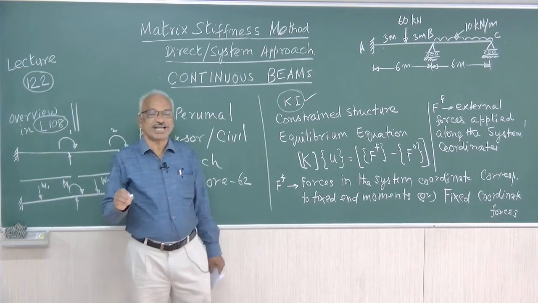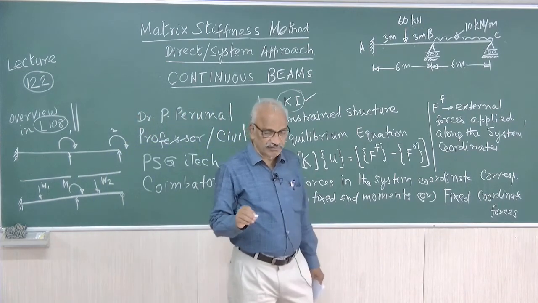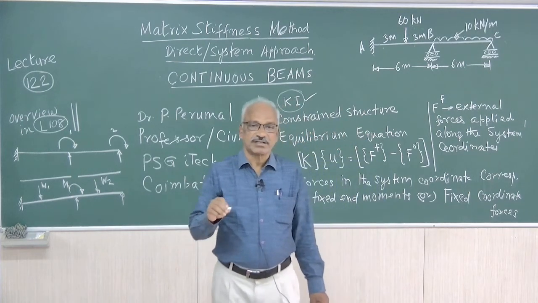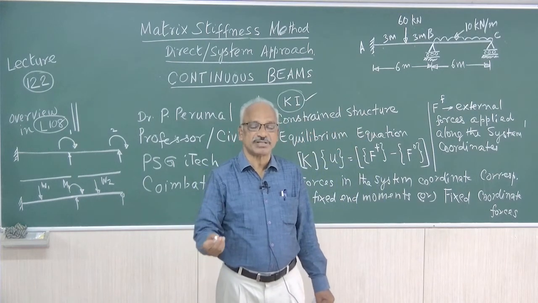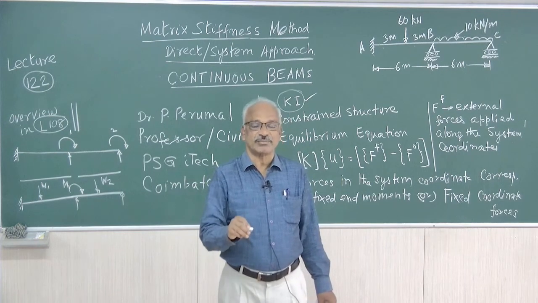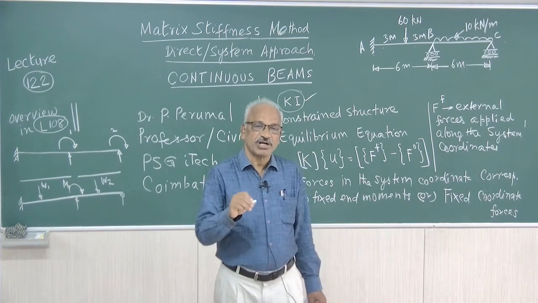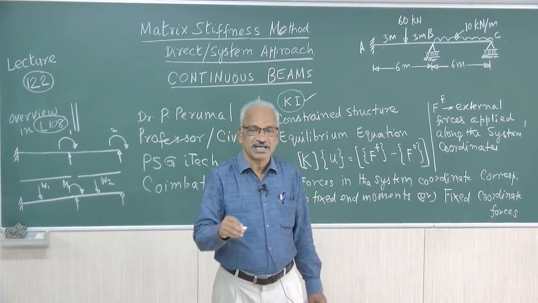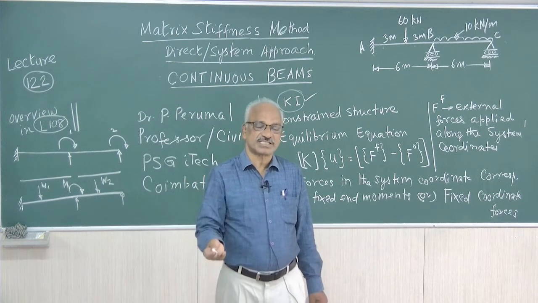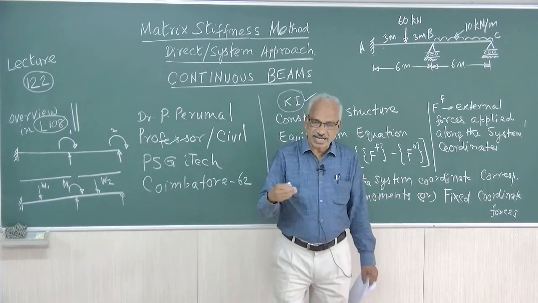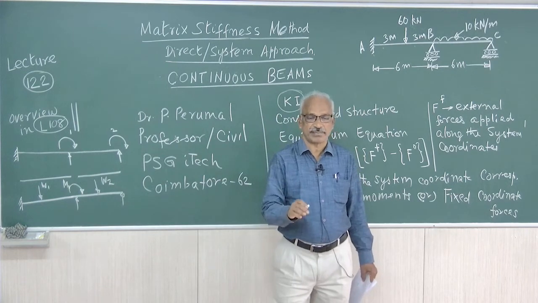First we have to get the constrained structure. You know, when we analyze a structure by the matrix flexibility method, we first find out the degree of static indeterminacy and get the statically determinate structure by removing as many reaction components as required.